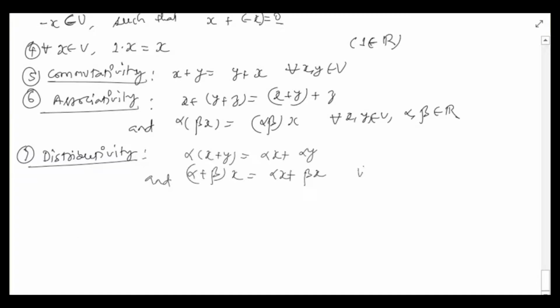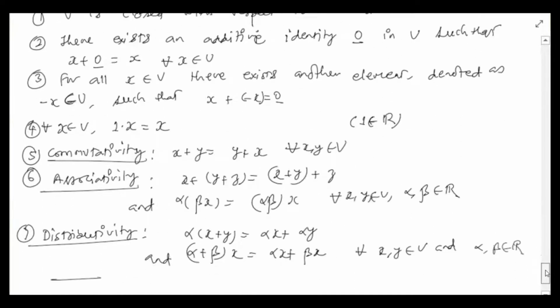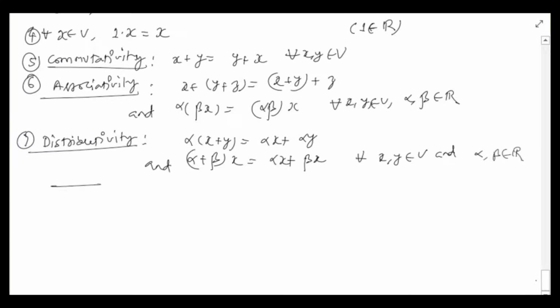This holds for all x, y in V and alpha, beta in R. Okay. If there is a set V along with two operations, addition and multiplication, such that all these 7 properties are satisfied, the set V along with those two operations is called a vector space. In the context of vector space, the elements of R are called scalars.